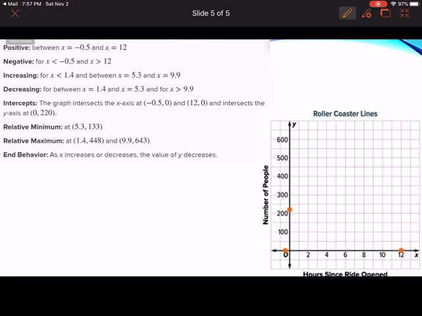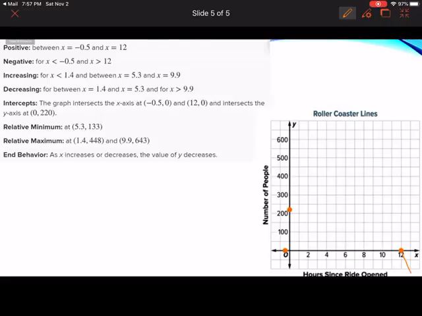So here's another one. It is positive between negative 0.5 and 12. Okay, so I have a dot at negative 0.5 and 12. It is negative when it's less than negative 0.5 and it's greater than 12.